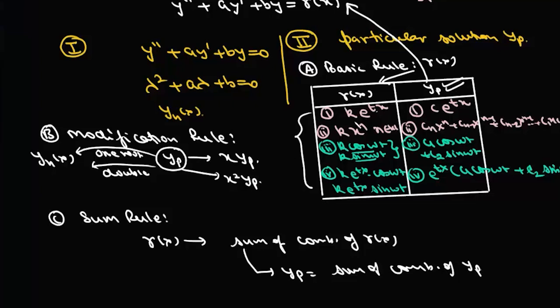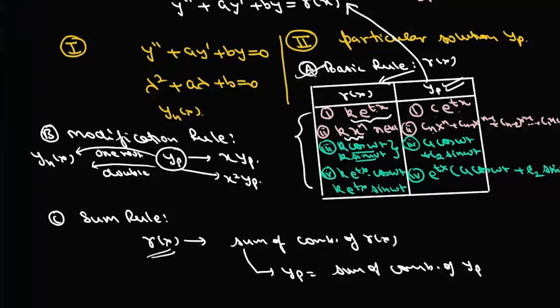So suppose we have k e to the power tx plus some k dash x to the power n. What we're going to choose is yp as c e to the power tx plus cn x to the power n, cn minus 1 x to the power n minus 1, up to c1 x plus c0. So if r(x) is a sum of combinations of functions, all you need to do is take yp as a sum of combinations of functions.